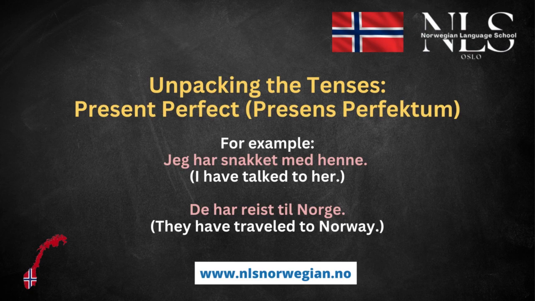The present perfect combines the present tense of the auxiliary verb ha, to have, with the past participle of the main verb. For example, jeg har snakket med henne, I've talked to her. De har reist til Norge, they have traveled to Norway.